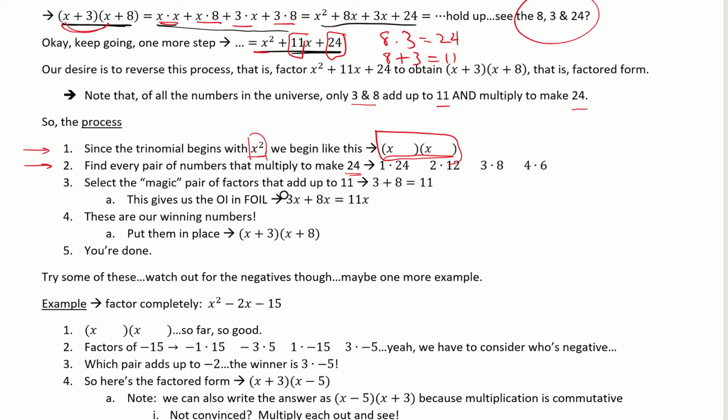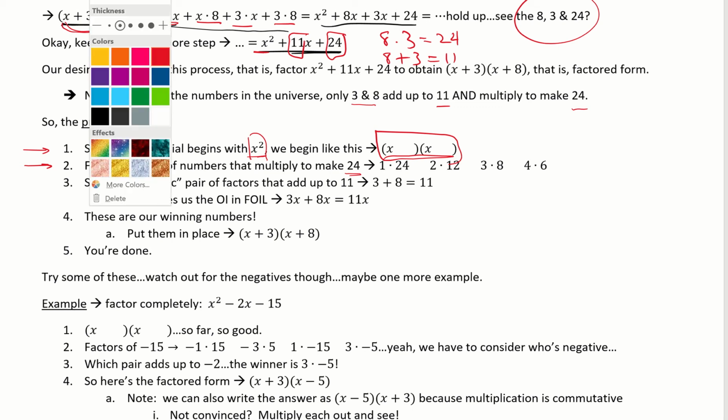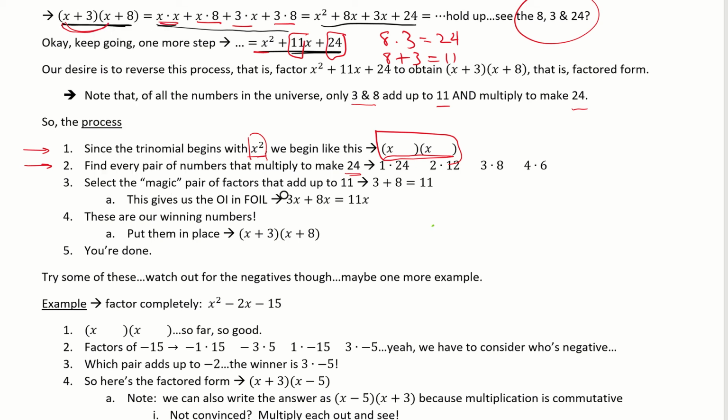So we're going to list, let's choose another color here, green again. So there's one pair, 1 times 24. There's 2 times 12, 3 times 8, 4 times 6. They all multiply to make the 24. But now you're going to find the so-called magic pair of numbers that add to 11.